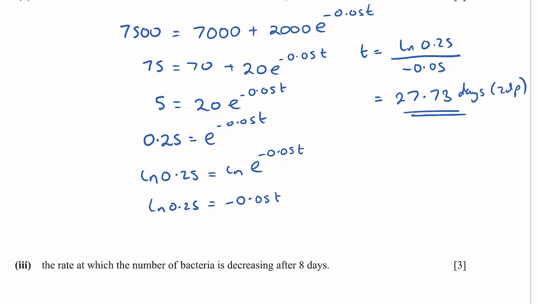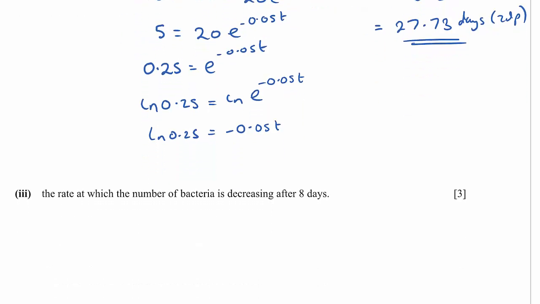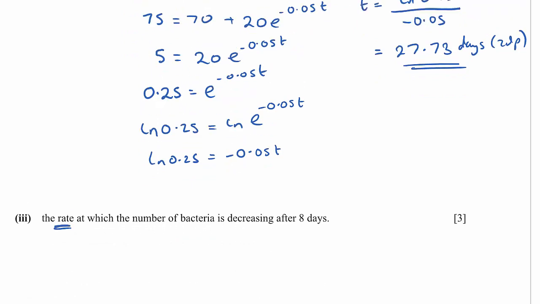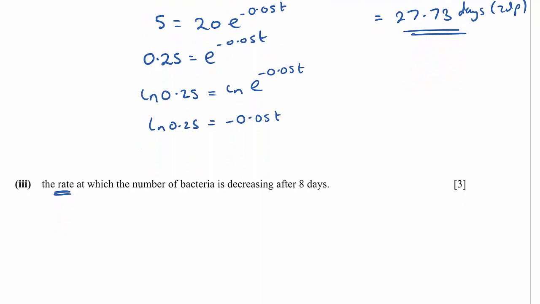Okay, so the rate at which the number of bacteria is decreasing after 8 days. So rate implies we've got to differentiate. So we know that N was equal to 7,000 plus 2,000 e to the negative 0.05 t.